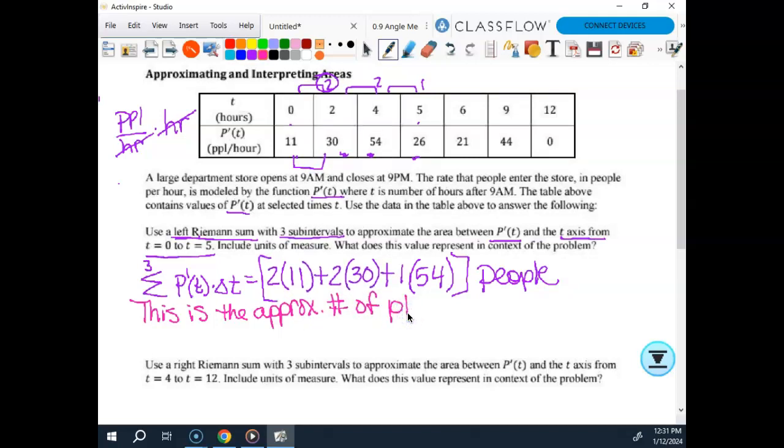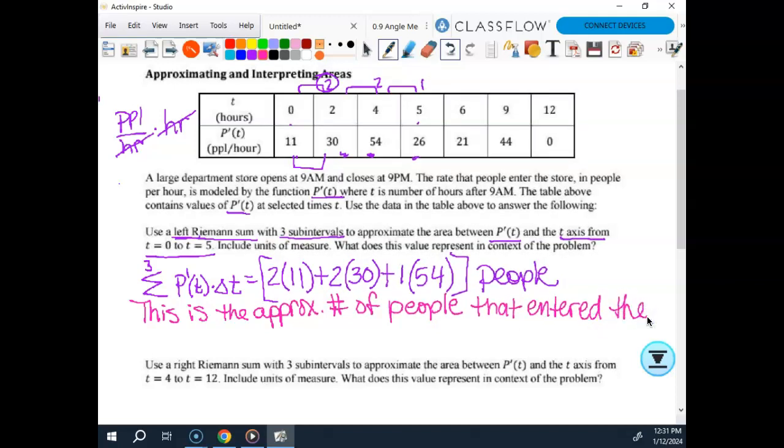I haven't even gone back and reread the question to see what these people are doing yet. People, okay, what were these people doing? The rate at which people entered the store. Okay, the approximate number of people that entered the store. Now, we could use t, or we could talk in actual terms of time.